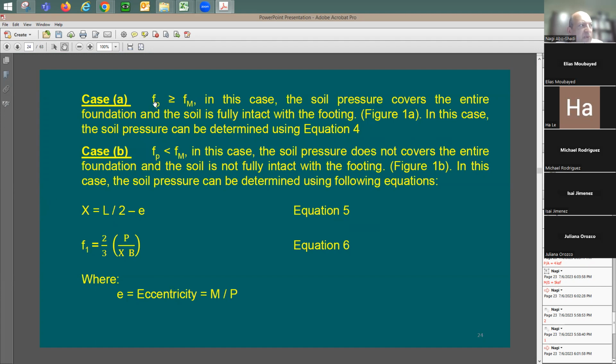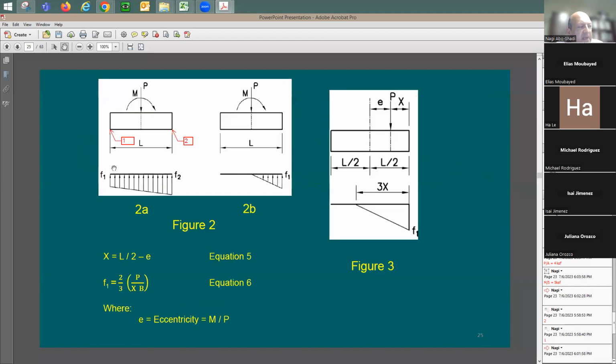If P over A, which means compression, is greater than the stress coming from the moment numerically, I'm going to have case A. Case B happens when the amount of moment is just high. I'm going to show you some pictures. Here is when the axial compression is much higher in value than the moment. But when the moment gets great, it's going to lift up. You're not going to have any contact pressure. And I have a couple of equations for you to figure out this F1 and this distance 3 times x.